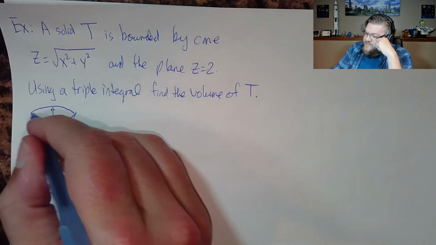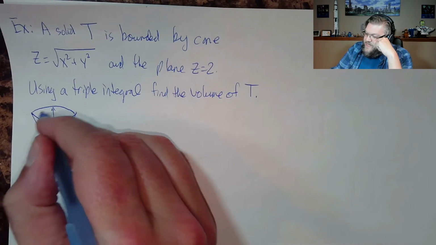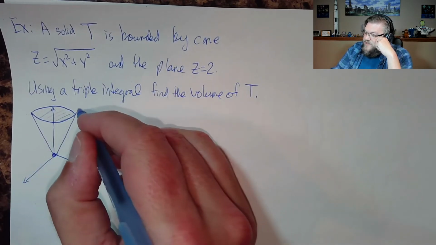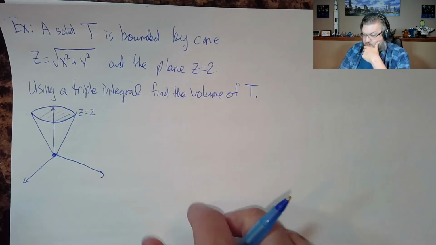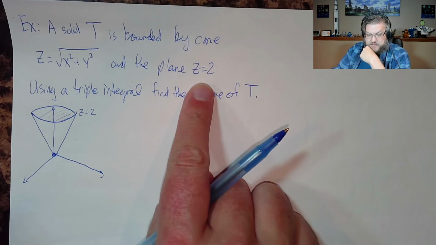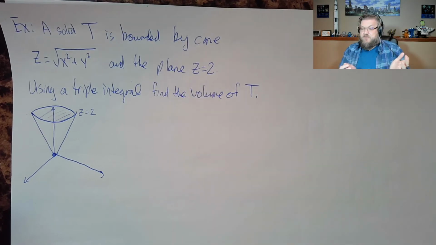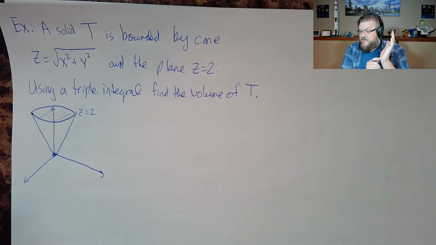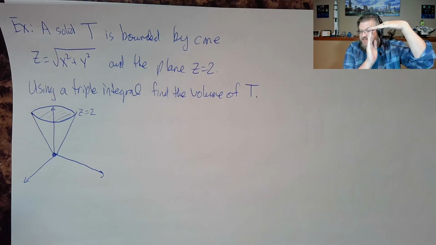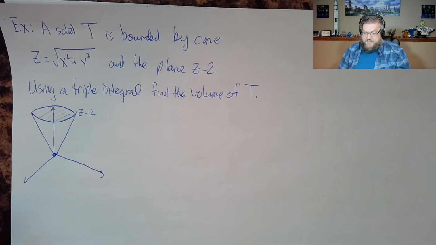And we can actually say that this is the top of the thing, and we'll call that z equals 2. That's a horizontal plane. So this is just a cone. It starts off at the vertex there, at the origin, and it has a flat top like that.